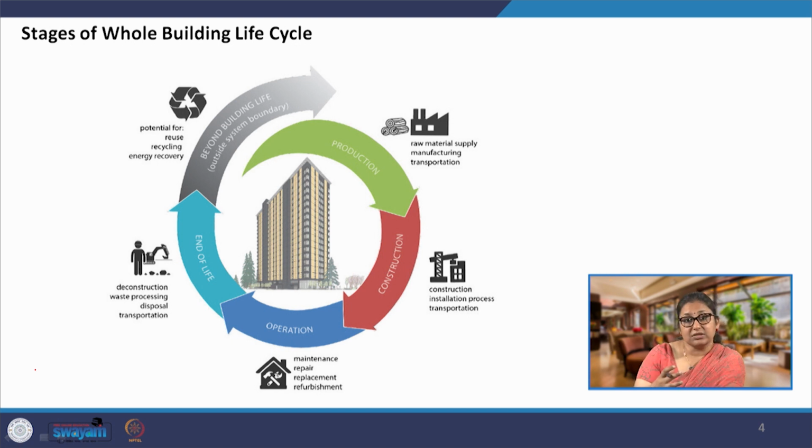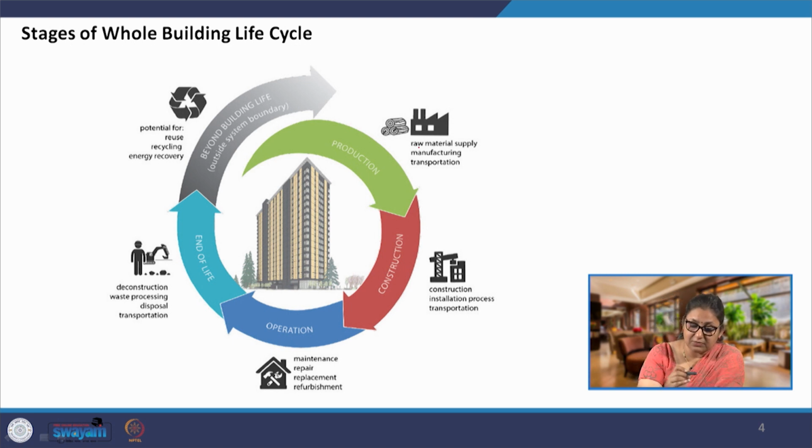If we say glass, the extraction of sand is where the whole process will start. Now, all the materials that are going to be used in the building, which may of course be used in a manufactured form, in a processed form, the extraction of raw material is the starting point.